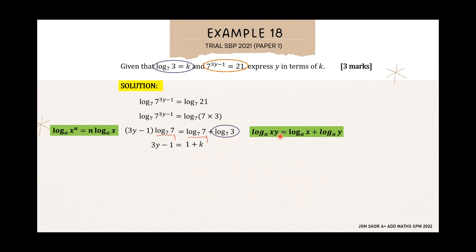Okay, soalan nak apa tadi? Express y in terms of k. So siapa yang jadi subjek? Y jadi subjek. Okay, so kita letakkan y di sebelah kiri. Selebihnya bawa ke sebelah kanan. Jadi 3y is equal to k plus 2. And y is equal to k plus 2 over 3. Okay, bahagikan dengan 3. I'm just solving the linear equation.